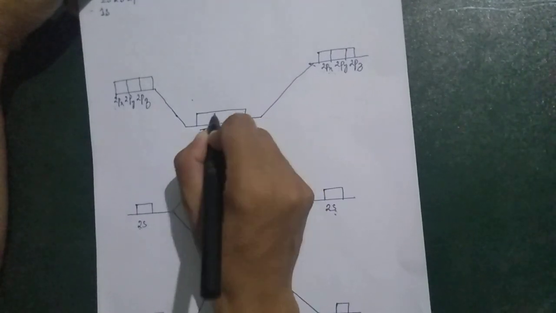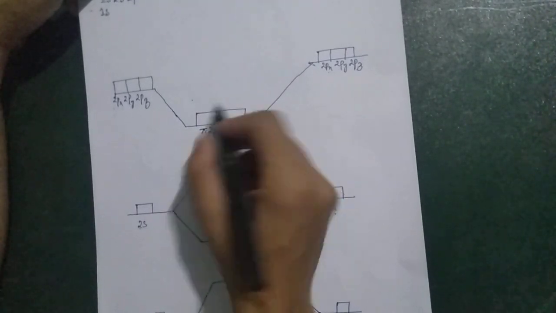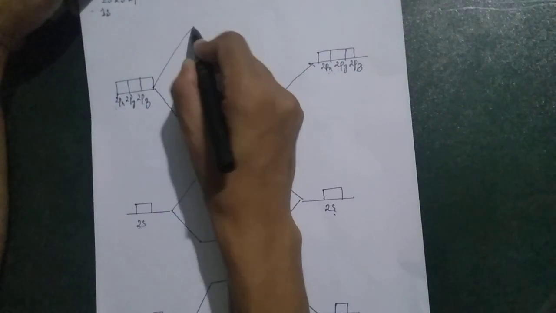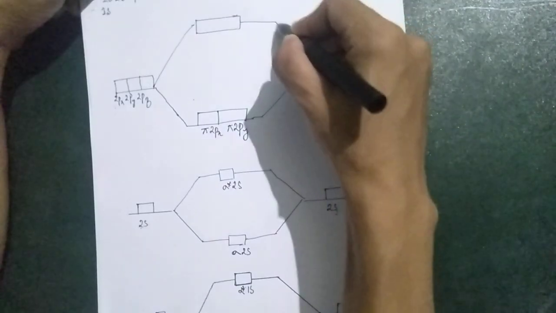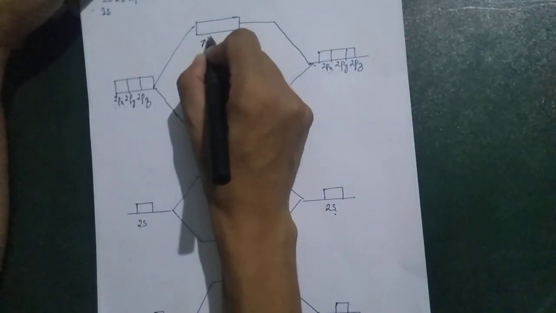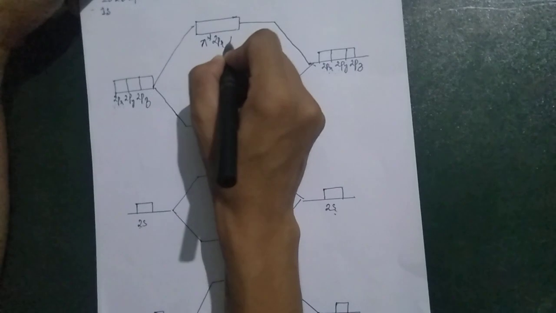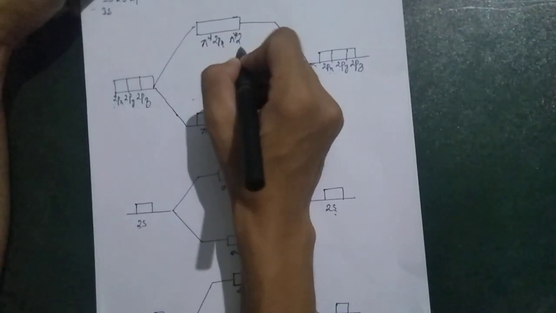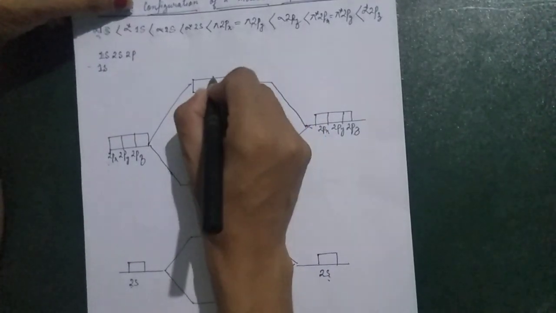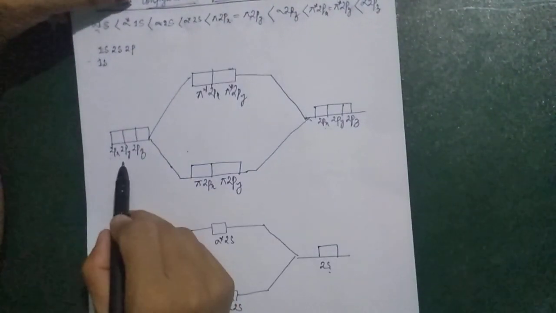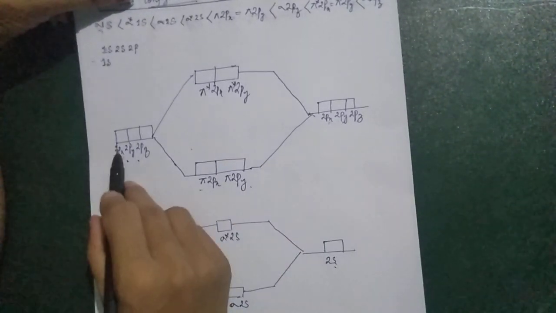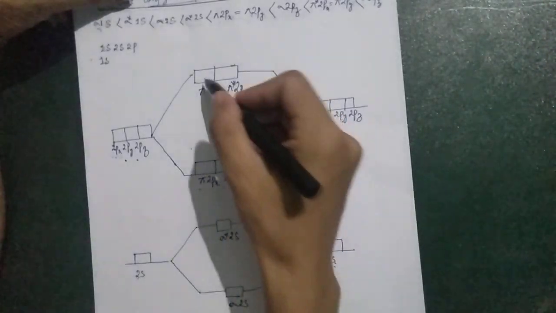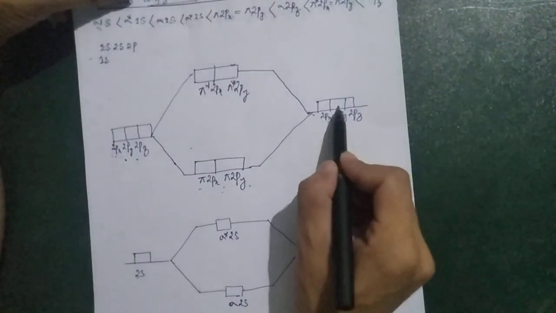These are the lower ones, and the higher ones are pi star 2px and pi star 2py. Now px and py have already been completed. They combine together to form molecular orbitals.